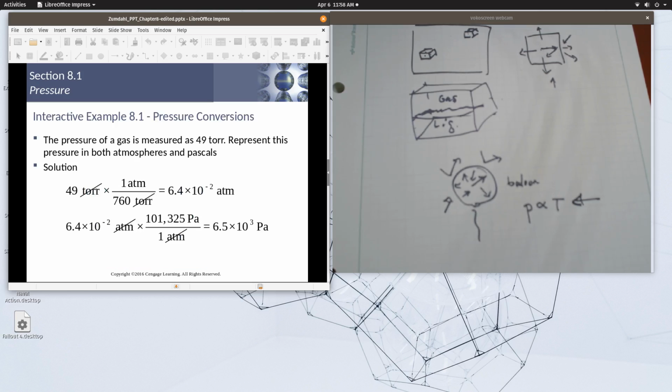Okay, so let's go back to the content. Here's simply how to convert torr to atmospheres. Say 49 torr, and I'm going to represent this as atmospheres. So simply divide it by 760, the standard atmosphere, to get it in terms of atmospheres, or I multiply it by 101,325 pascals to put it into units of pascals. Simple unit conversions.